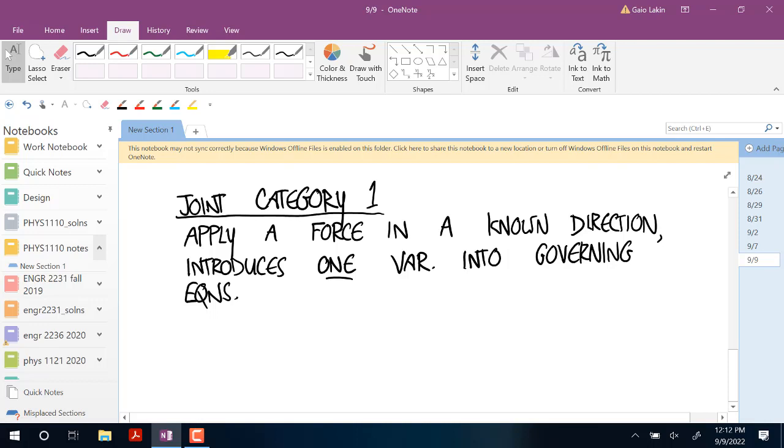But what we're going to do with every one of these joints is think one by one. Does this joint connection allow the body that we're looking at to move freely along any axis, any perpendicular axis, and then does it allow it to rotate? That's what we're going to do, one by one.